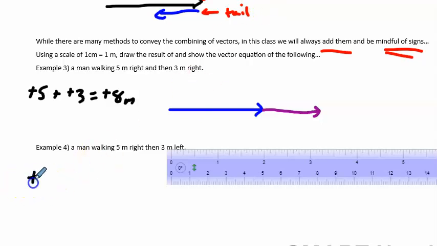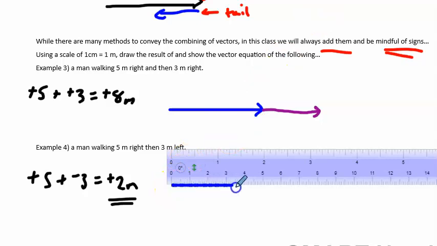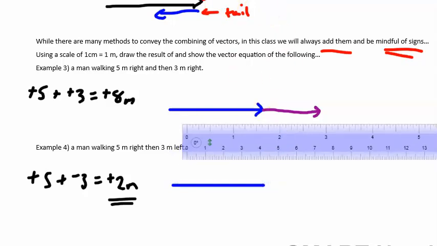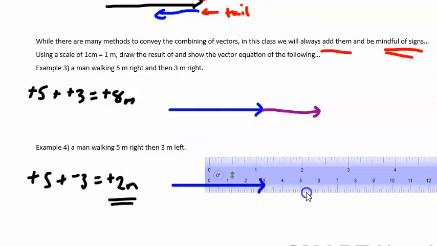Well, we've still got that plus 5, and we're going to add to that, but 3 to the left is negative 3, which would result in a positive 2 meters total. And if we were to draw this out to scale, we still have our 5 to the right, and then we're going to add to that 3 to the left.